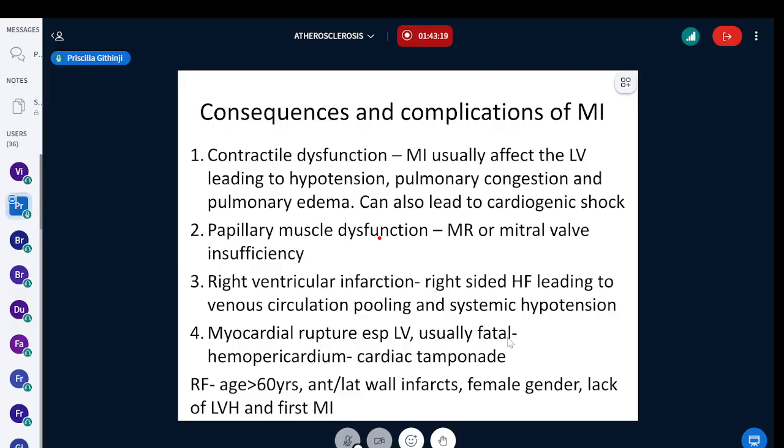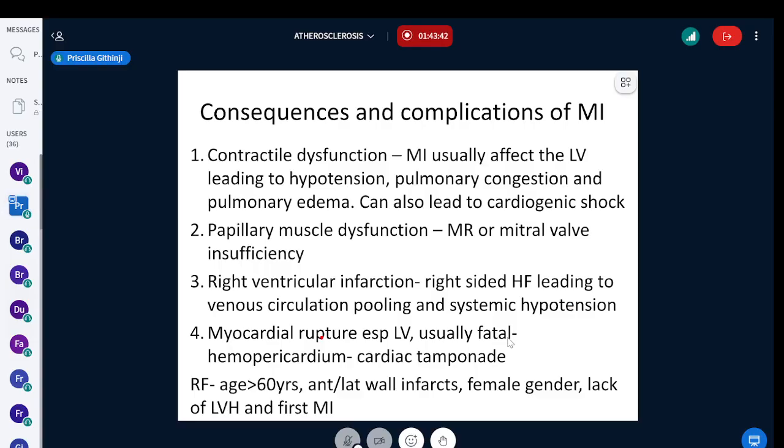Then we have right ventricular infarction, which leads to right-sided heart failure. And when you have right-sided heart failure, you get venous circulation pooling and systemic hypotension. I think you'll have a lecture on heart failure. You learn about right-sided and left-sided heart failure.